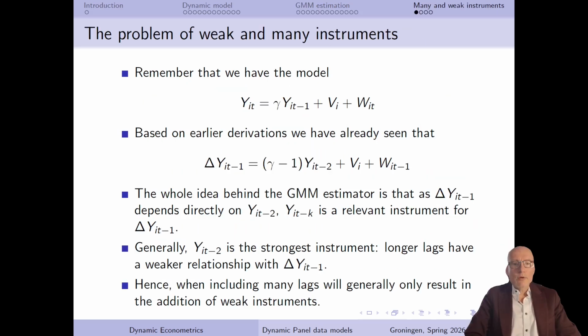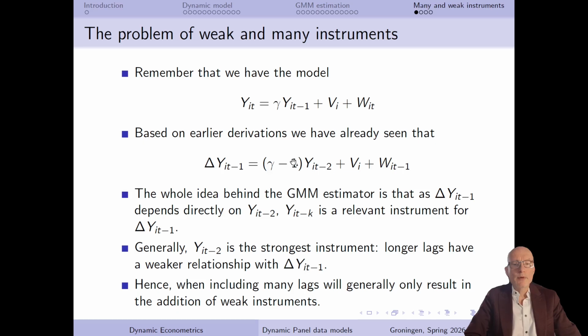I would like to go on to the next topic, and that is the problem of weak and many instruments. To start this topic, remember that we had this model over here. We had YIT at the left-hand side, and on the right-hand side we have gamma YIT minus 1 plus VI plus WIT.